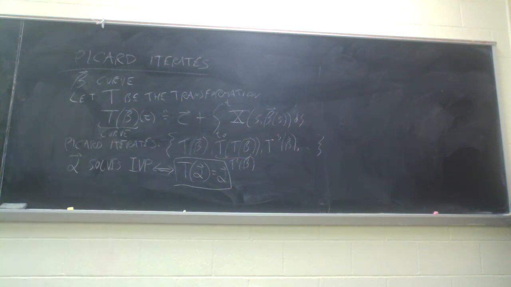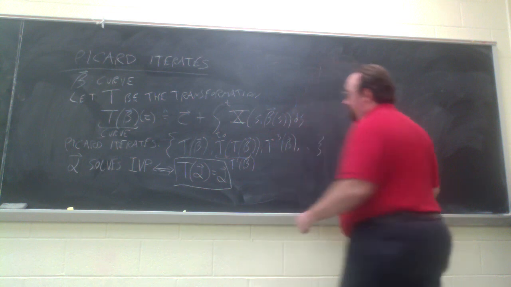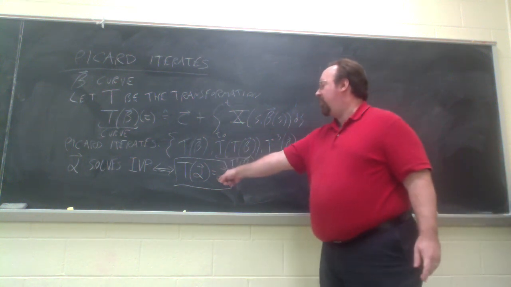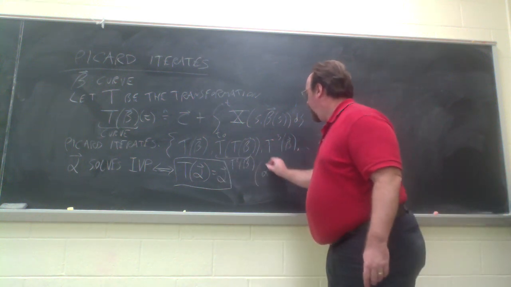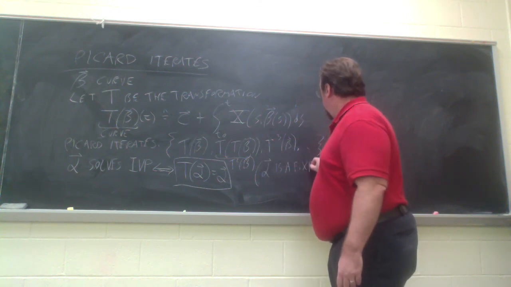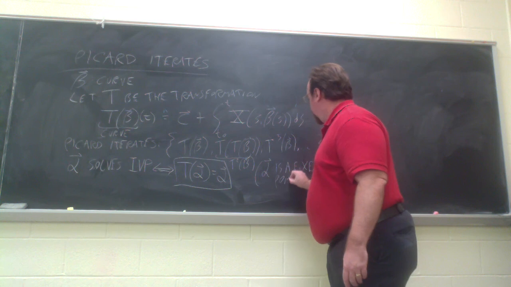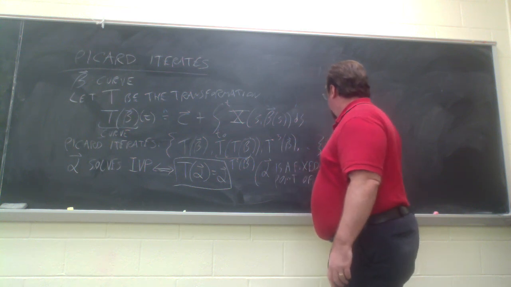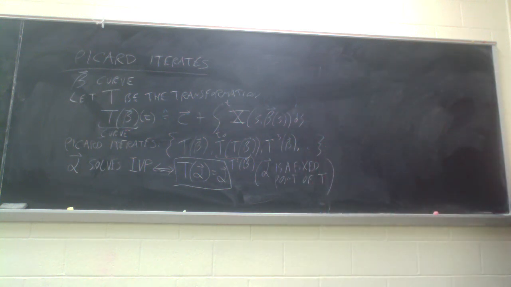So now we're characterizing the solution of our initial value problem as a fixed point. So we're saying alpha is a fixed point of this transformation t. So like we did g of x star equals x star. Yes, exactly. So t is playing the role of your g of x from that.